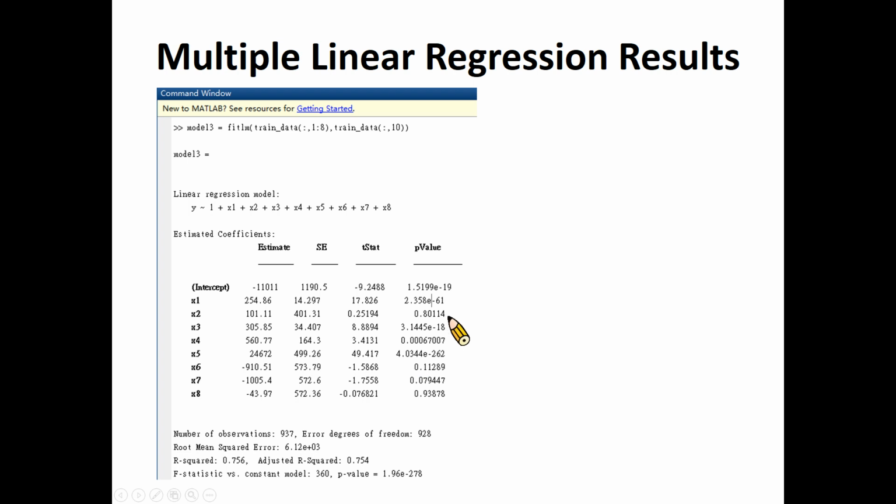So in statistics, if we set alpha at 0.05, then we will consider these not useful. For example, x2 is not useful in predicting the insurance claim, and also x6, x7, and x8.